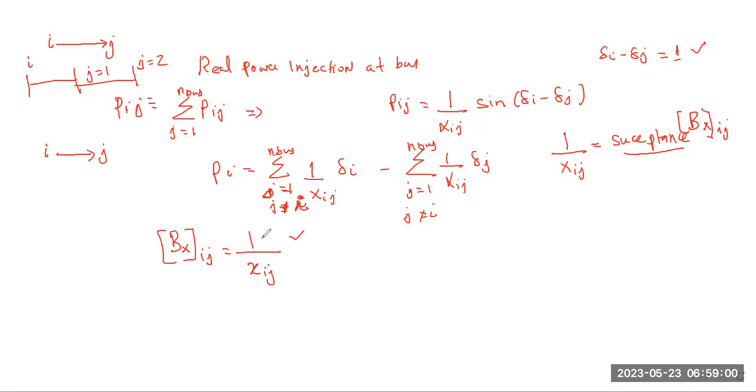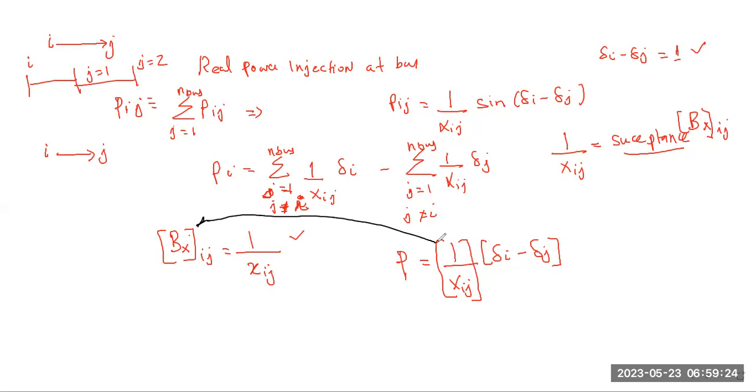If you carefully look at the earlier formula that I had written, P is equal to 1 by Xij times (delta i minus delta j). This term can be written in this format.